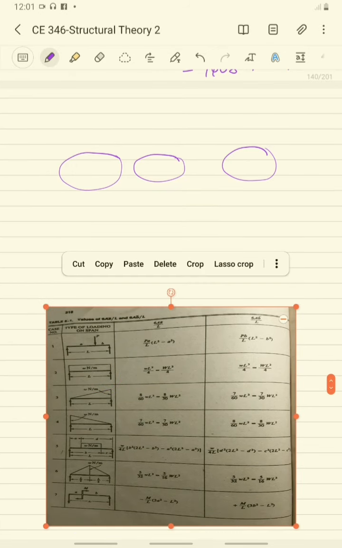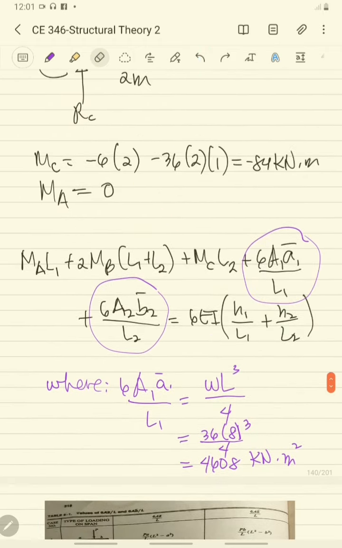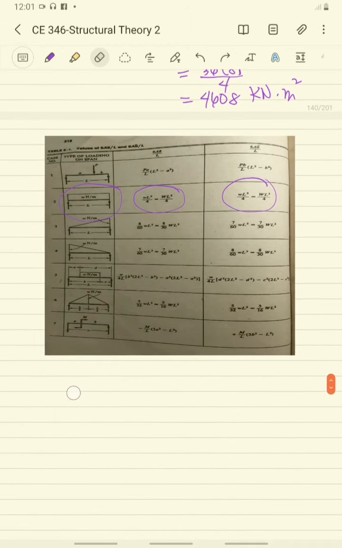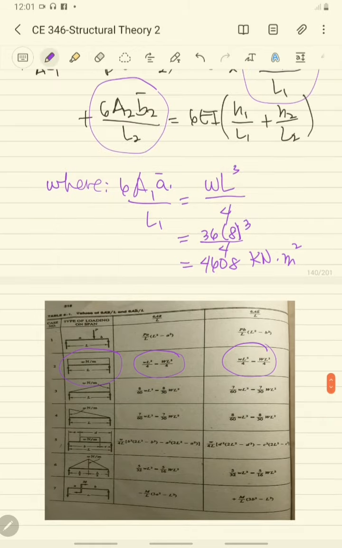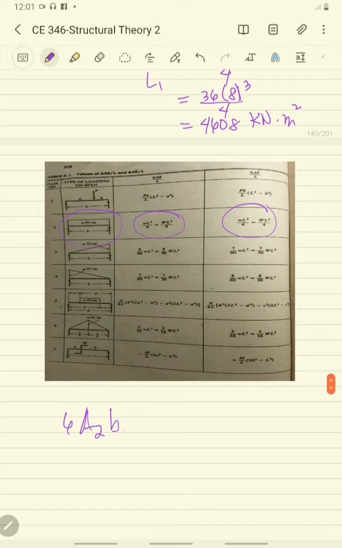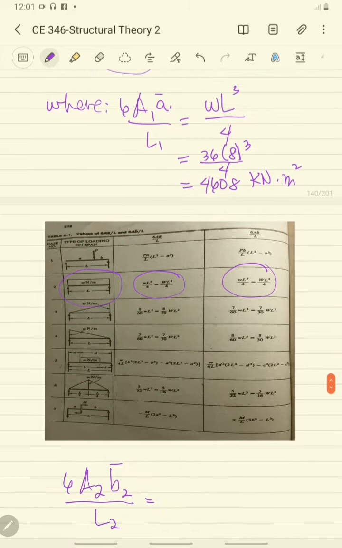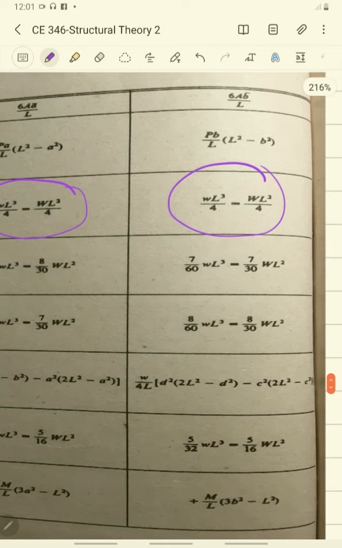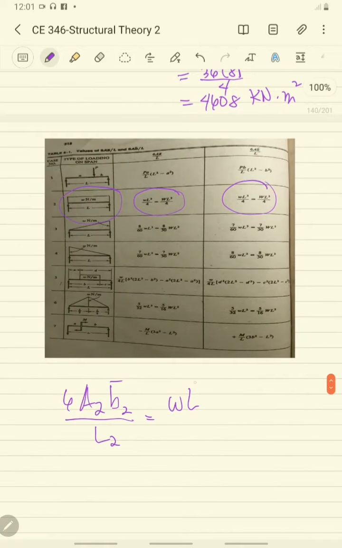Okay, for the 6A2 bar B2 over L2 for the span 2, that is also equal to w L cube over 4.